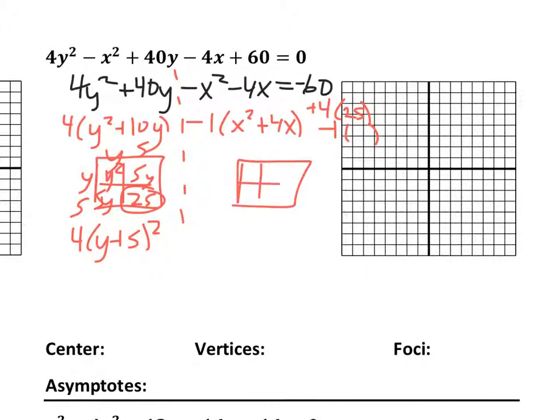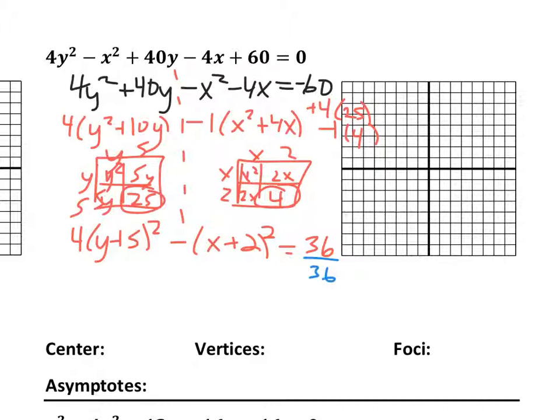Then x squared, 2x, x 2, 2. So minus x plus 2 squared. We need to add in 4. All right. So that is going to equal negative 60 plus 100 is 40, minus 4 is our favorite number, 36.